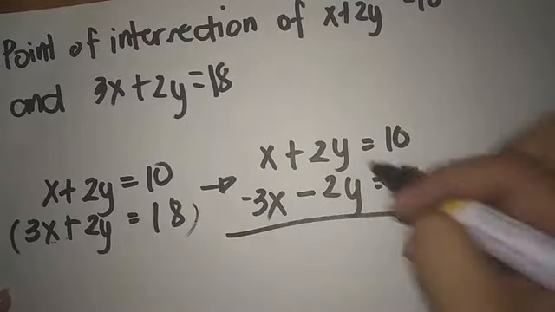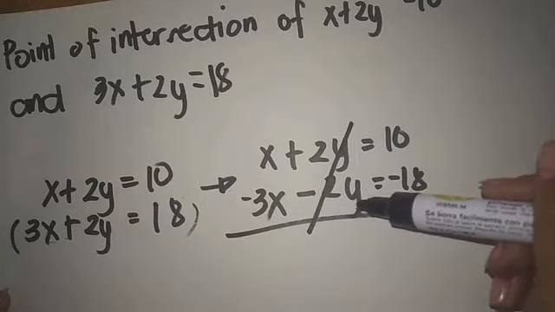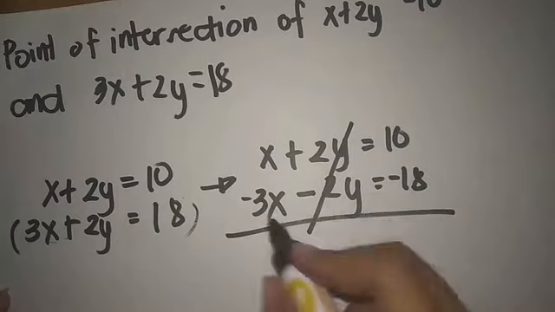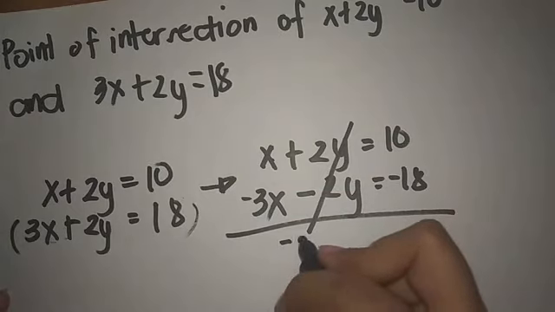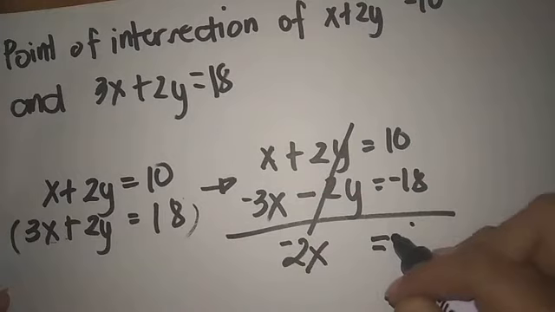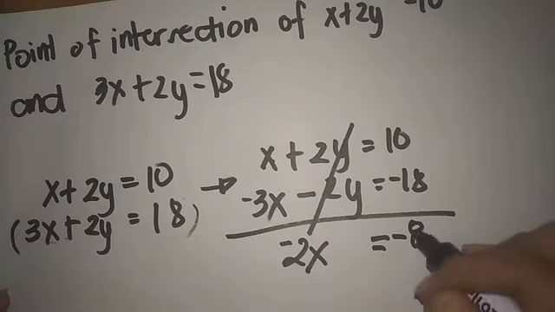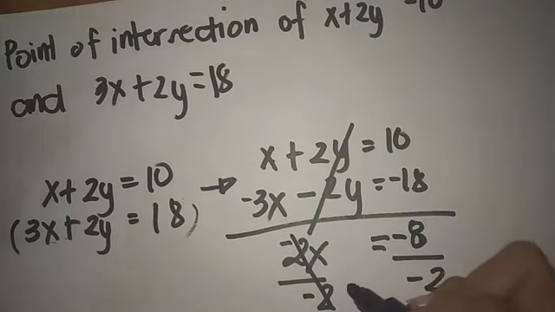So, yan. So, cancel mo na to. Kasi positive 2y minus 2y is 0 na yan. So, x plus negative 3x is negative 2x is equal to 10 minus 18 is negative 8. So, we have divide both sides by negative 2. Cancel mo.